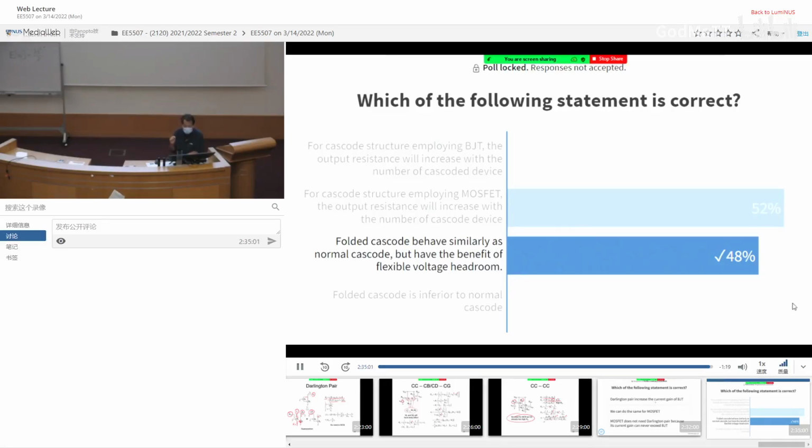So if the statement says output resistance will increase with the number of cascode devices, it means you can just keep adding cascode devices, you will just keep increasing. But I keep telling you, there is a limit. Am I right? You guys fallen asleep. Okay. So only half the class get it right.